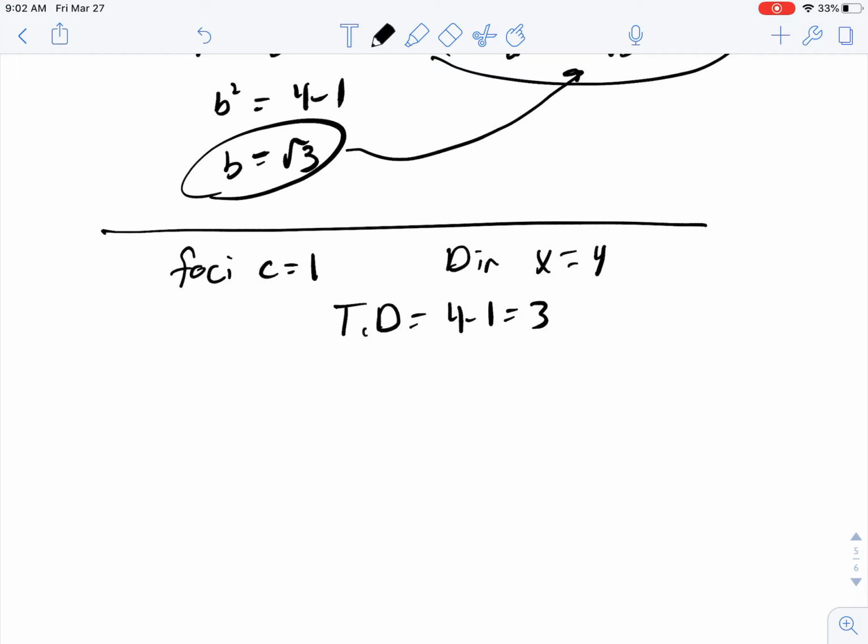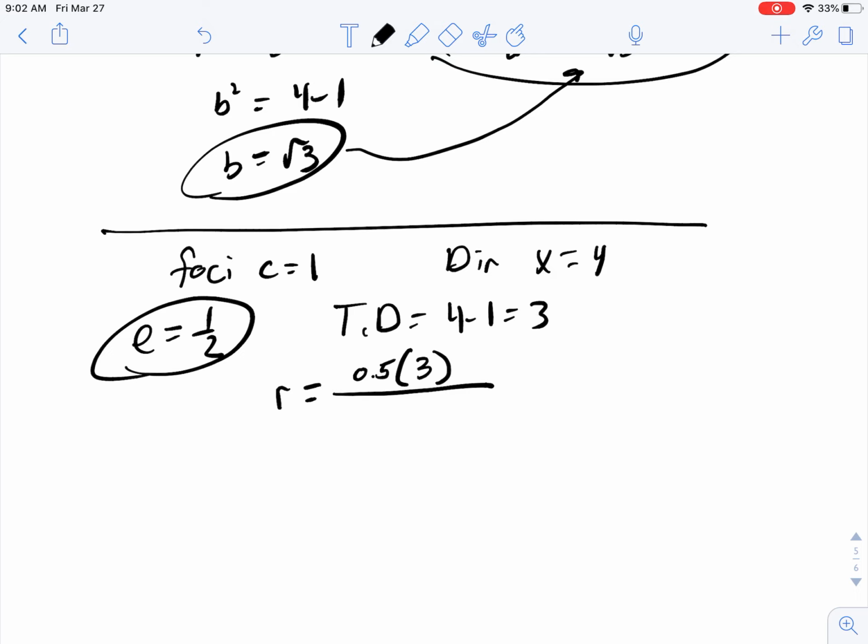What else am I going to give you here? Let's say your eccentricity here is 1/2. So graphing this out, we have r equals 0.5 times 3 over 1 plus 0.5 cosine of theta.